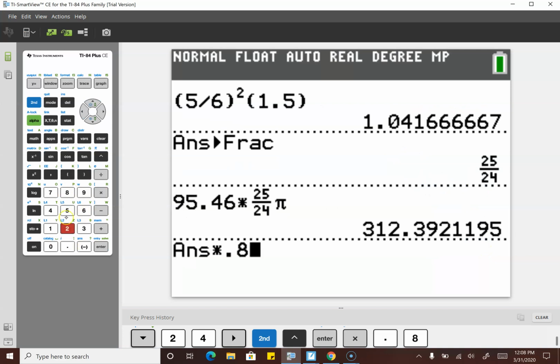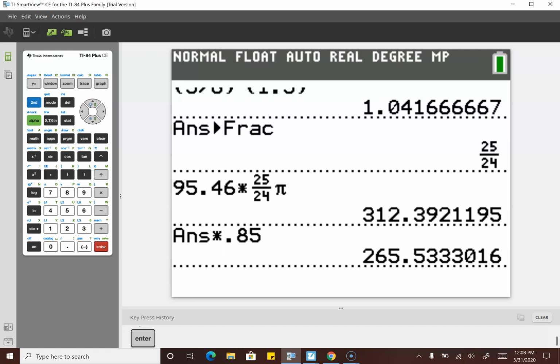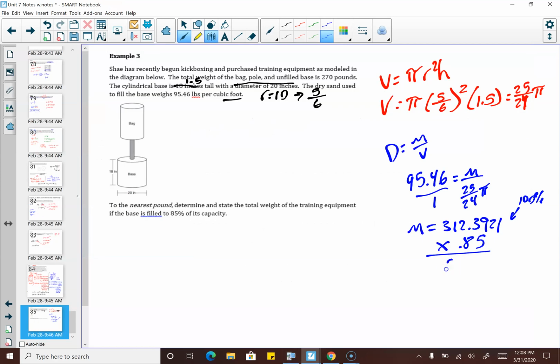So times 0.85, not 82, 85, gives us 265.5333. So that right there is 85% full. Now remember, that right there is just the base.